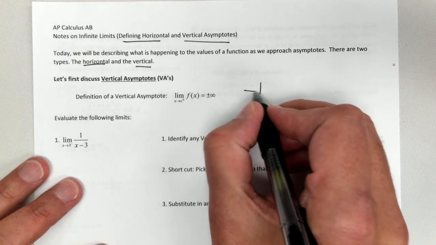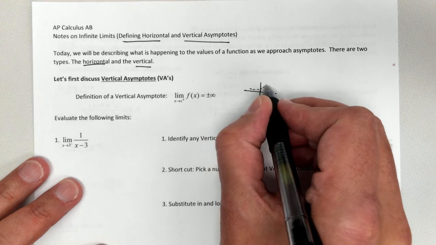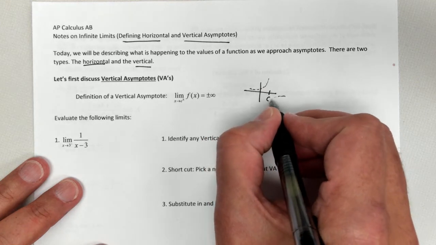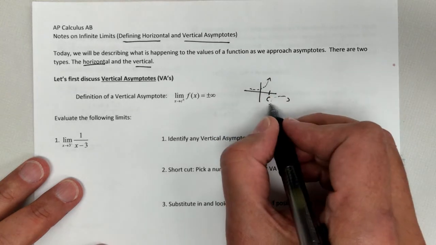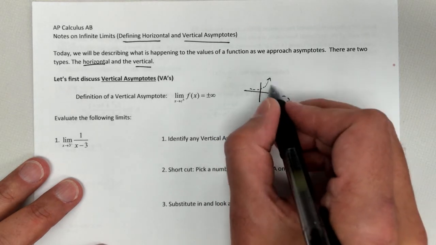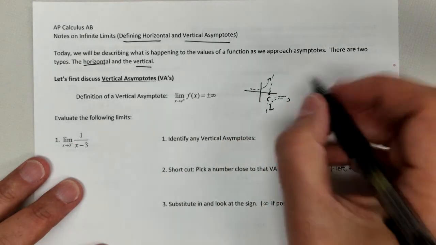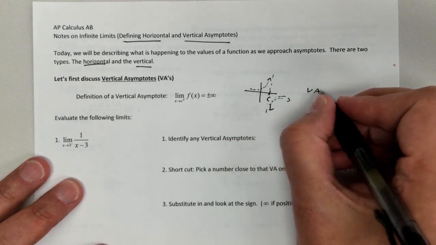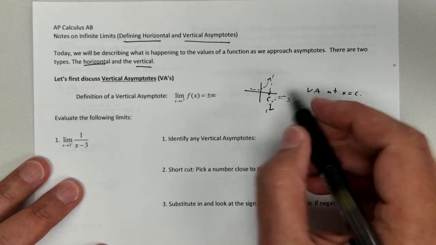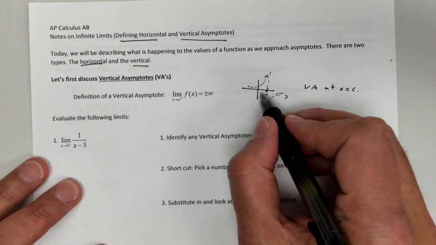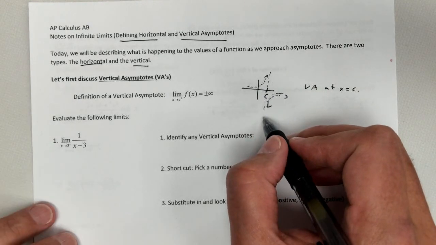So real simply, if I have some c value right here, and I either approach it from the left or the right, and if we're approaching either positive or negative infinity, that tells us that we have a vertical asymptote at c. So we'll call it VA. So there's a vertical asymptote at x equals c. And that's because our values are either growing without bounds or they are decreasing without bounds.